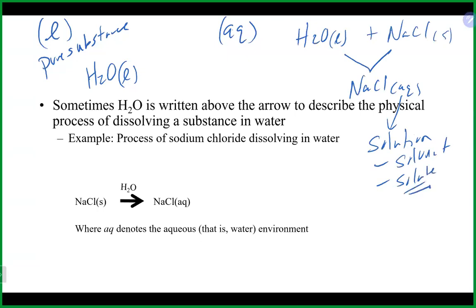Solute is the smaller part of the solution, solvent's the larger part. So here, this would be our solvent. This would be our solute. That's our larger and smaller. So a solution is typically the one to get the aqueous symbol.